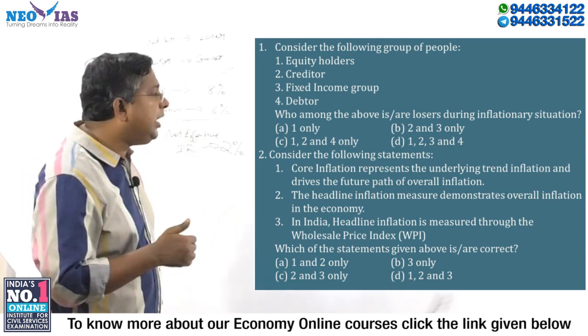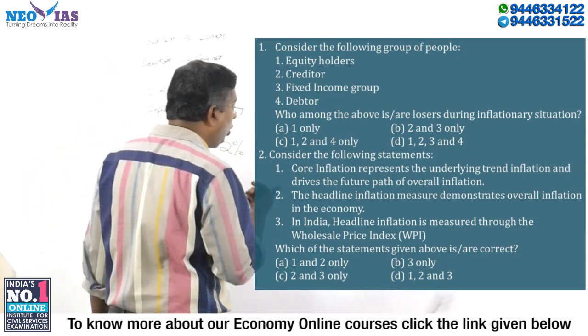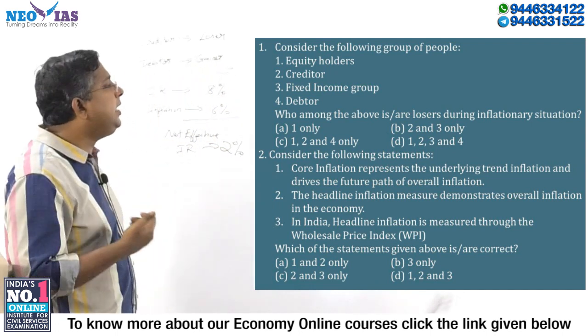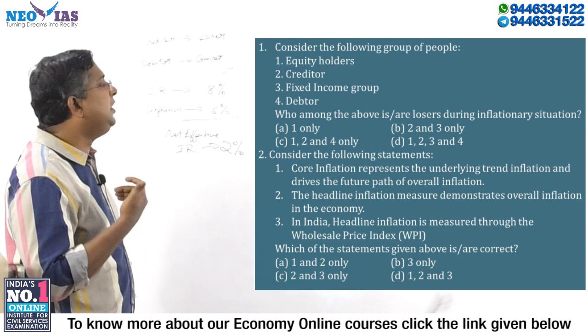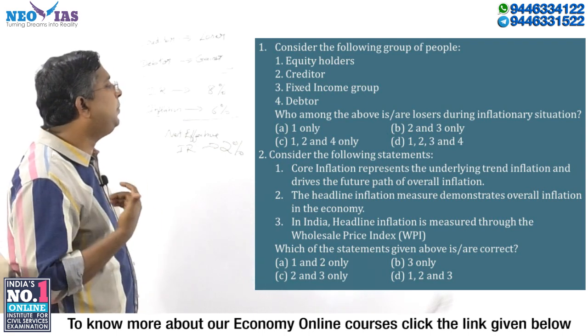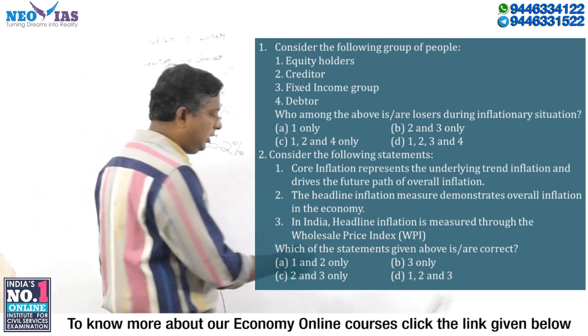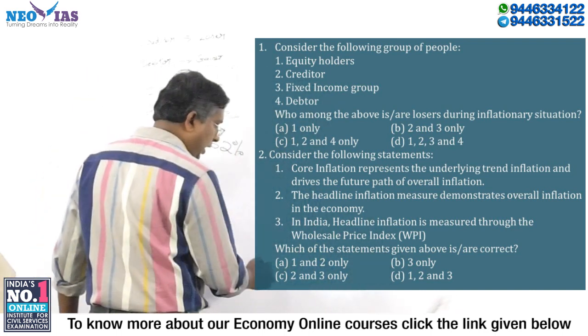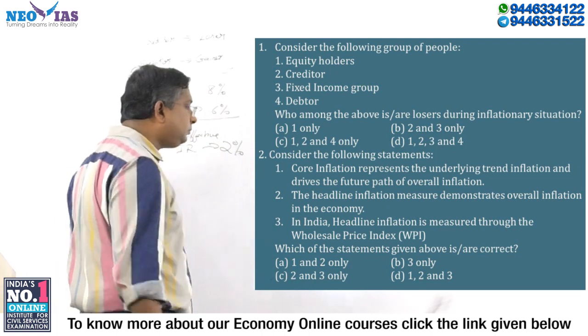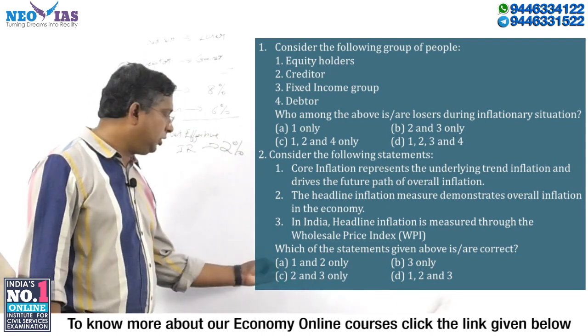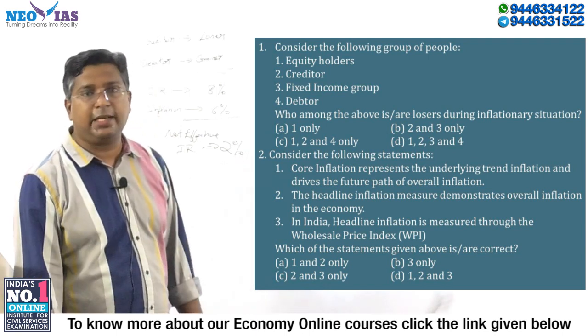Now we'll try to solve the question. Core inflation represents the underlying trend inflation and drives the future path of overall inflation. The first statement is correct. If the first statement is correct, we can eliminate B and we can eliminate C. So without reading the second, by elimination we know that the second statement is correct.